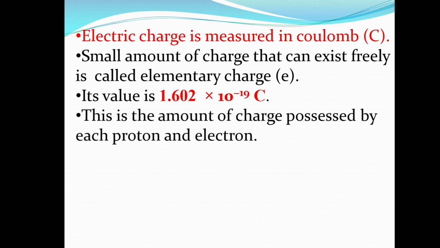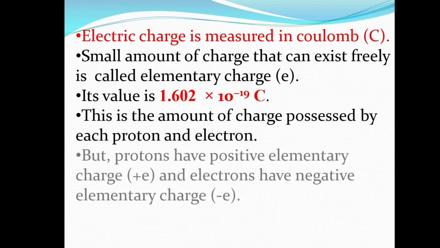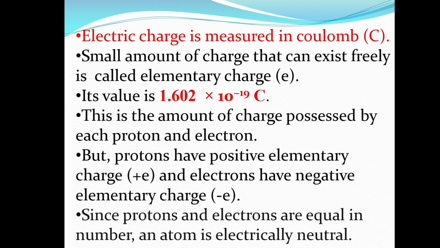This is the amount of charge possessed by each proton and electron. But protons have positive elementary charge and electrons have negative elementary charge. Since protons and electrons are equal in number, an atom is electrically neutral.